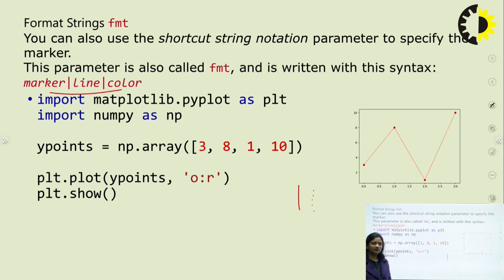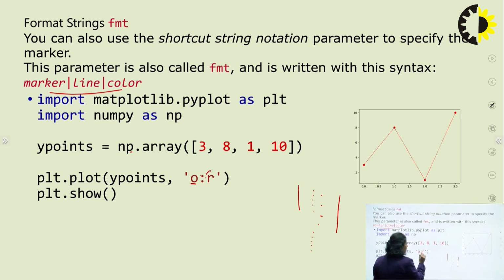Okay, so what are the changes in the program? Import matplotlib, numpy, y points 3, 8, 1, 10, plt.plot y points, O, which is a marker like this. Second one, in the line, we are going to use a dotted line, not a solid line. We are going to use a solid line to join these points.